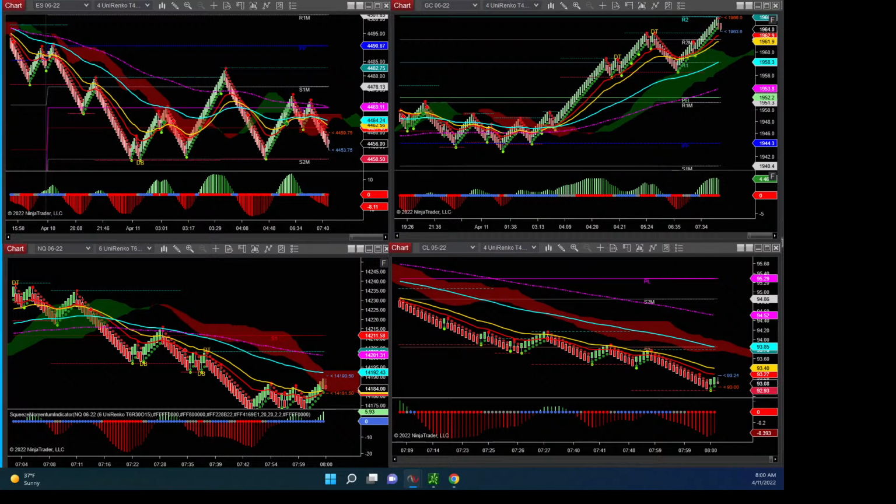So it was a $20 gain, and I was at 200 at some point. Yeah, the move was crude actually right here. Nice move to the downside.